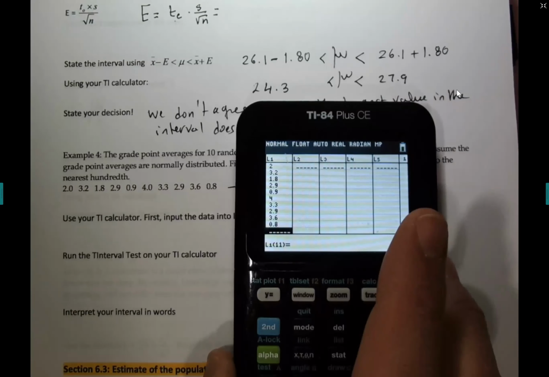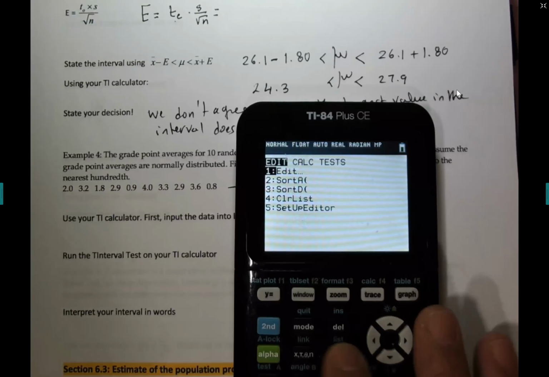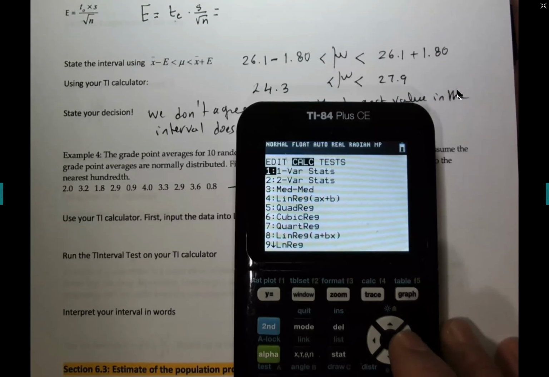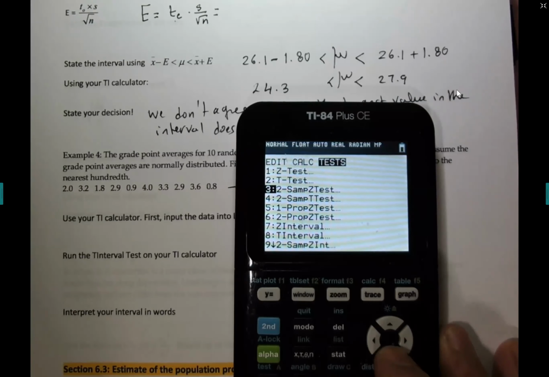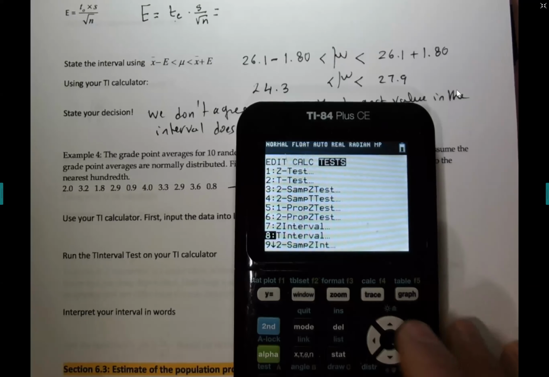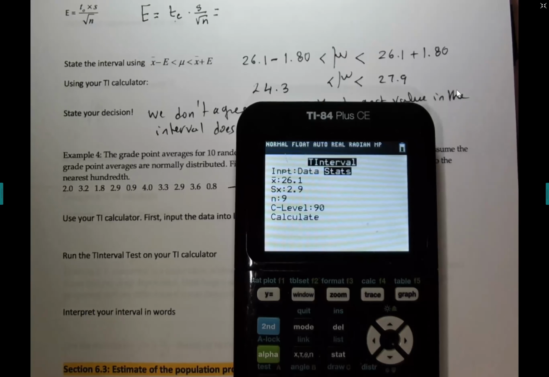And watch, guys, how we do this. You go to stat, tests, nothing different from what we did. T interval, enter. Anything I have to do here, guys, there's something you have to change now.